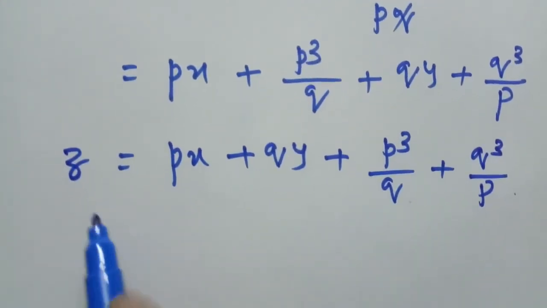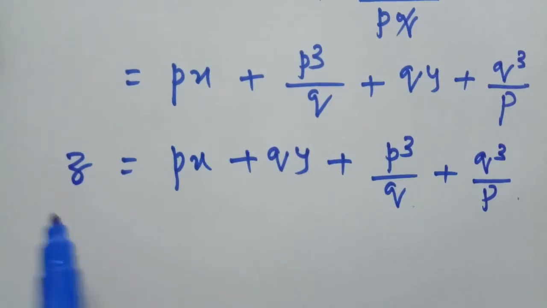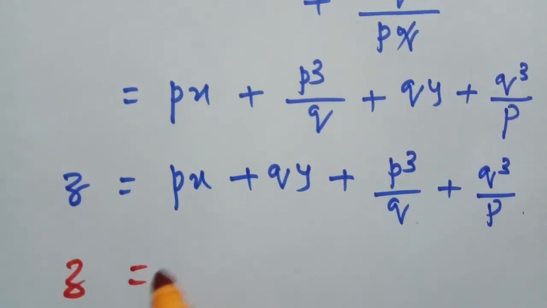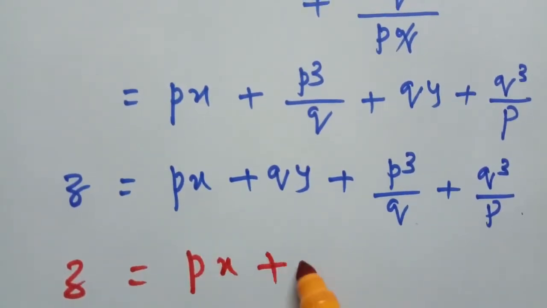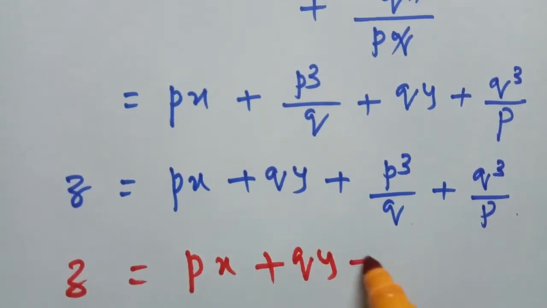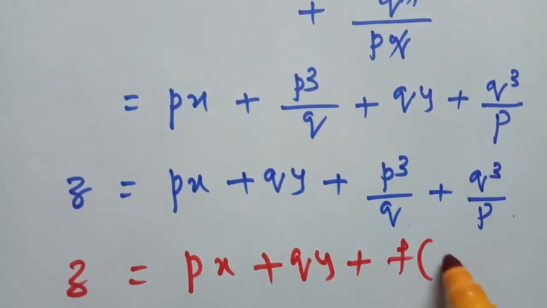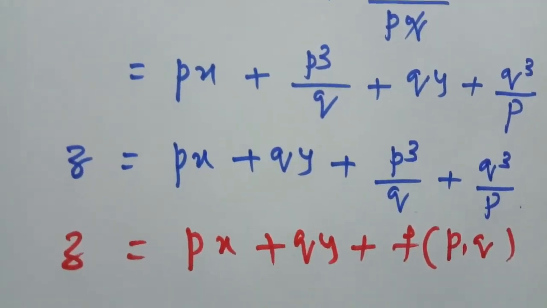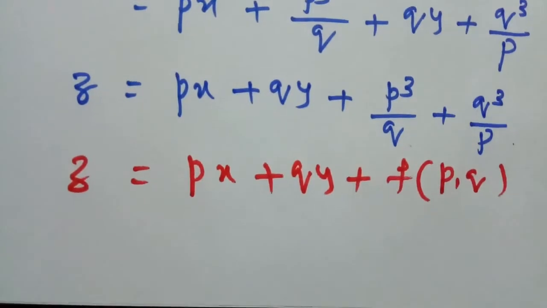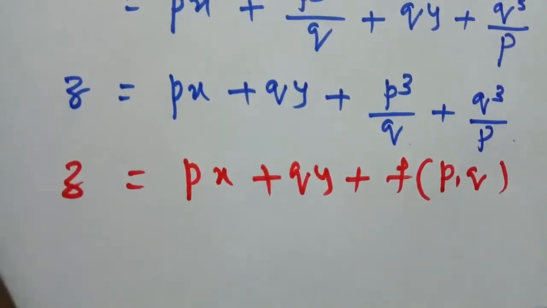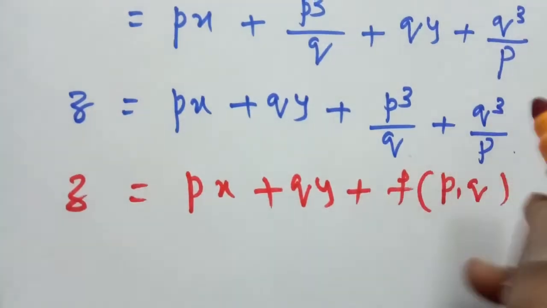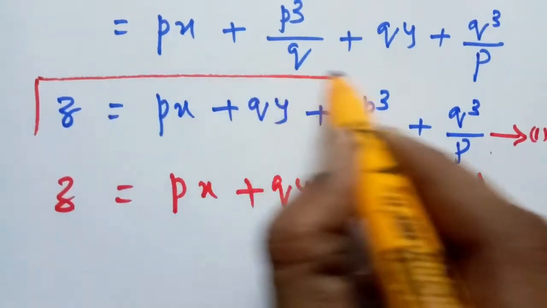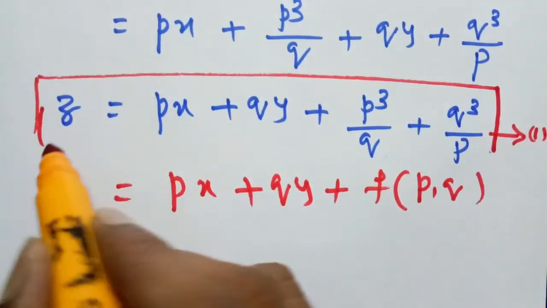Therefore, this is of the form z is equal to px plus qy plus f of p comma q. That means terms in p and q, function of p and q. Therefore, the solution is, say this is equation number 1, which is in the standard form, that is in the Clairaut's form.